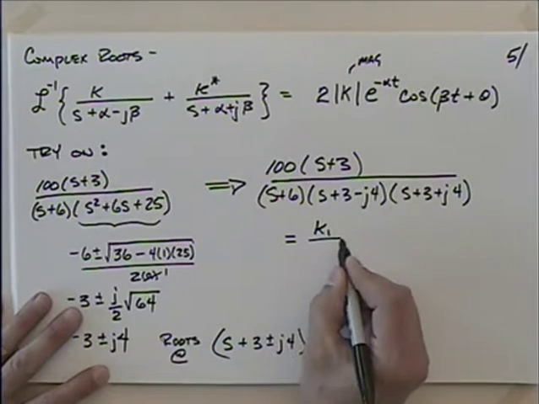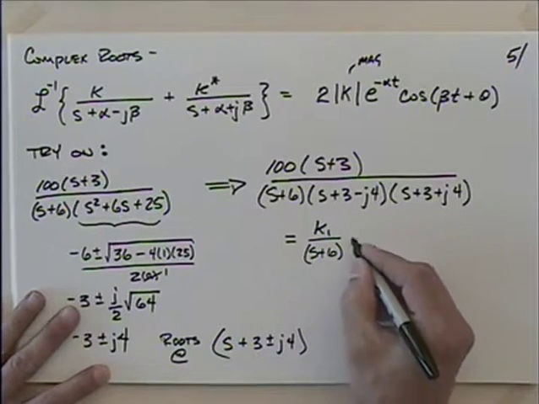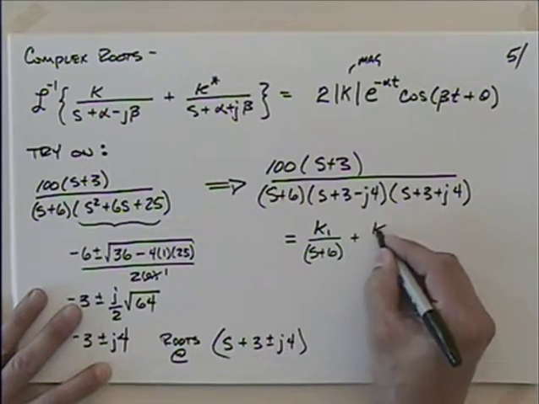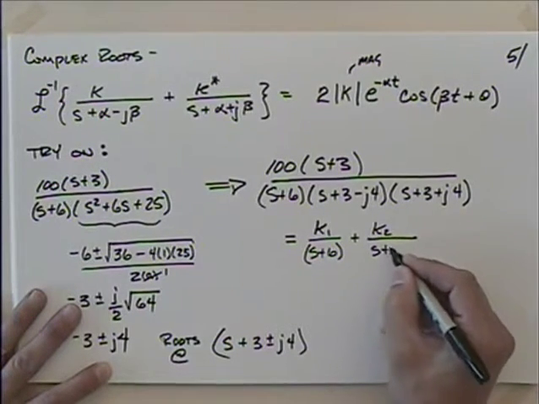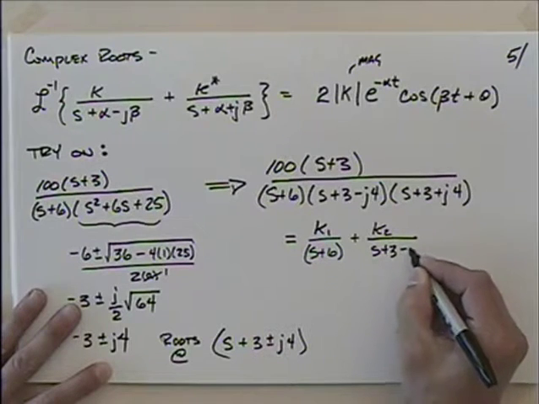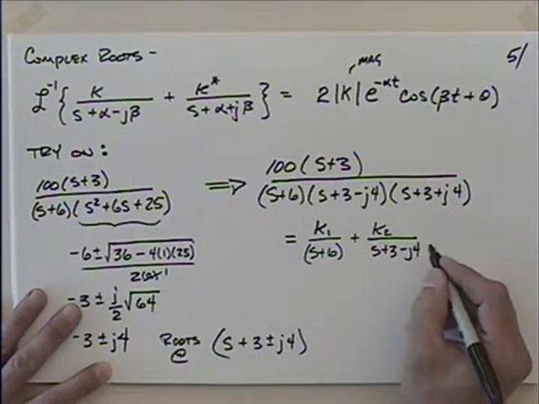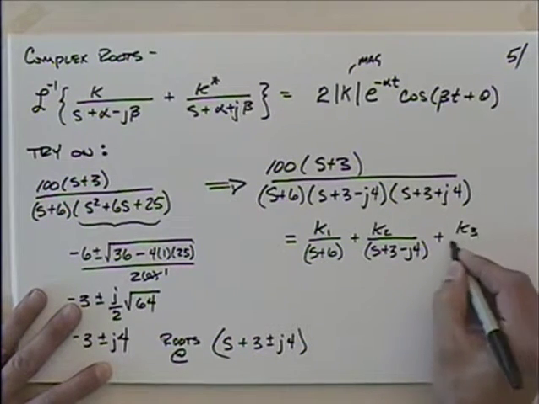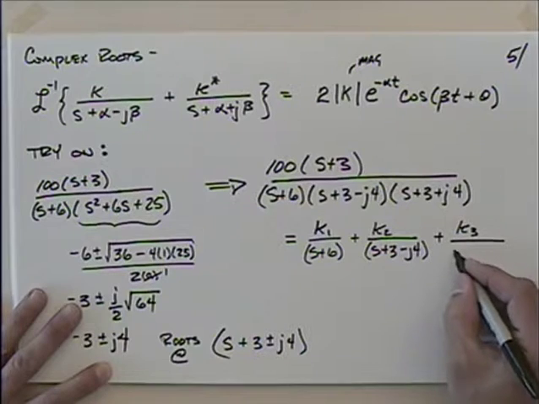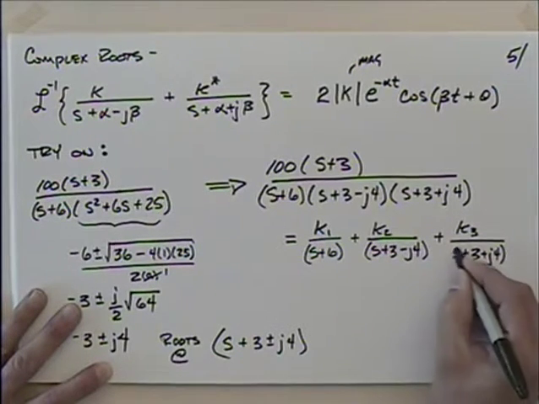So I'm going to say this is K1 over S plus 6, and then I have plus K2 over S plus 3 minus j4. Is that right? Yep. And then I have plus K3 divided by S plus 3 plus j4.